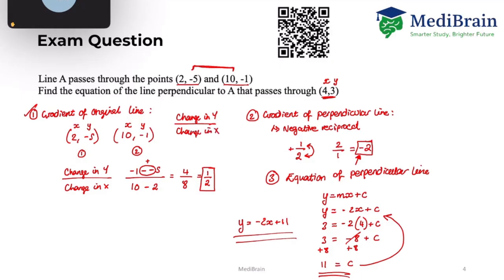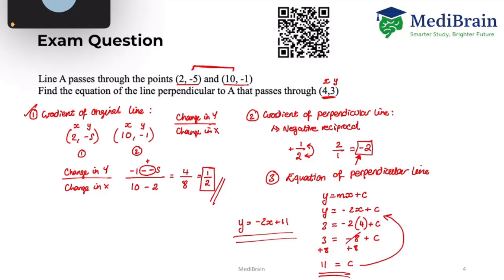So you do the difference between the two y coordinates and then you divide it by the difference between the two x coordinates. And that's why I've labeled them one as the first coordinate and one as the second coordinate. And we just did -1 minus -5 divided by 10 minus 2. Change in y divided by the change in x. And that gave us a half. That was the gradient of the original line.